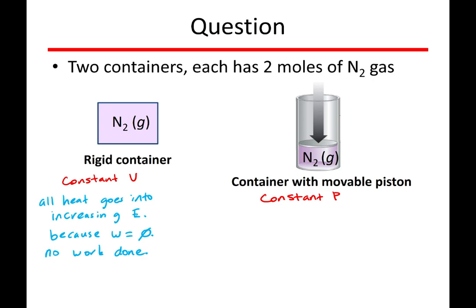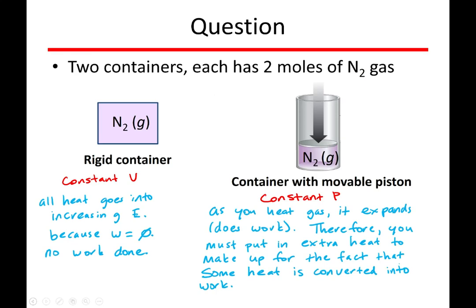When you heat at constant pressure, the gas is doing work. Therefore, you have to put extra heat into the gas because some of that heat is being converted into work, right? Some of that heat is being lost in the form of work. And to make up for that, you have to put in extra heat. And as a result, this gas, heated at a constant pressure, is capable of absorbing more heat.